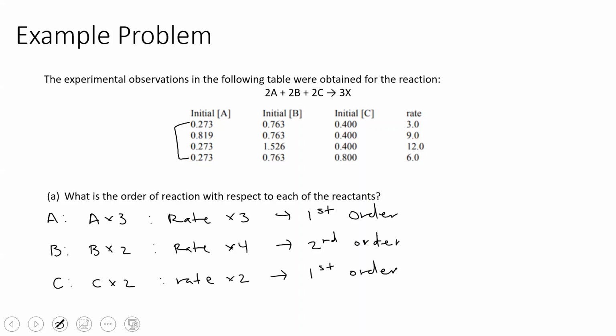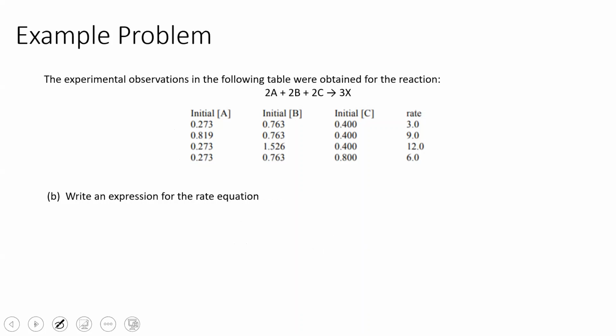Cool. So now that we have that, let's go on to part B. It says write an expression for the rate equation. Our expressions hold this form: rate equals a rate constant K times each of our reactants to the power of which order they are.